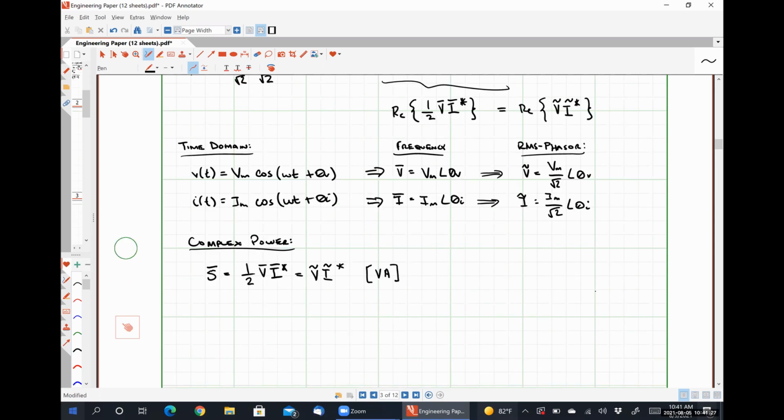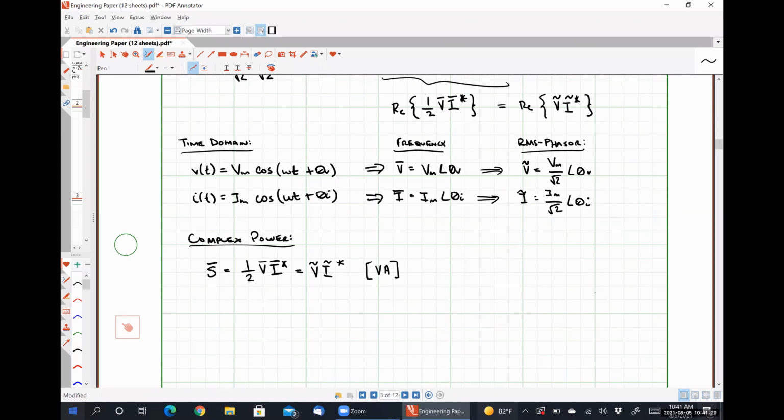Now, our complex power is inherently a complex number. So if I substitute in our RMS phasor domain, let me take one more step to be clear.